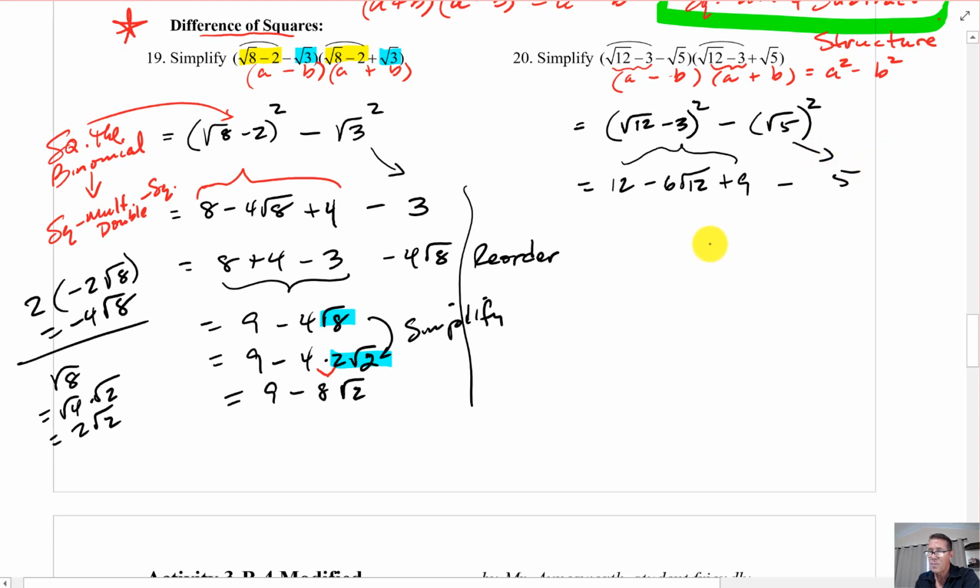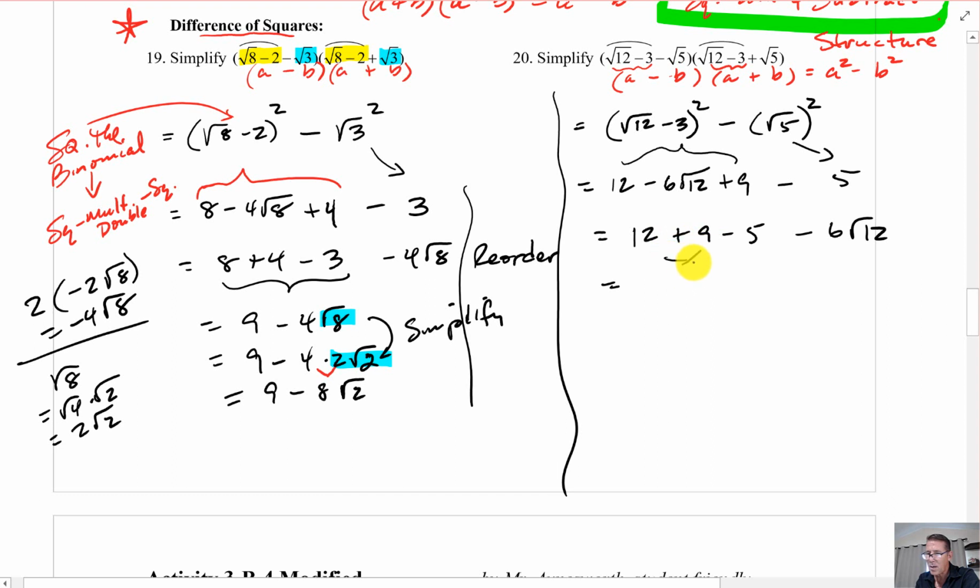Reorder, just separating the two problems there. 12 plus 9 minus 5 first, and then the minus 6 rad 12 next. 12 and 9 is 21, and 21 minus 5 gives you 16, so you have 16 minus 6 rad 12. But root 12 is root 4 times root 3.